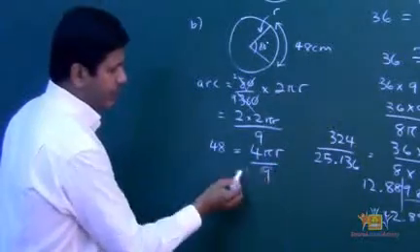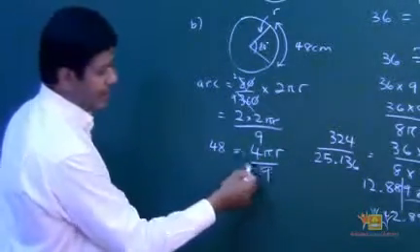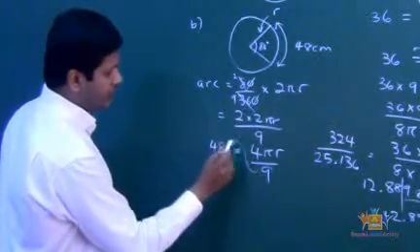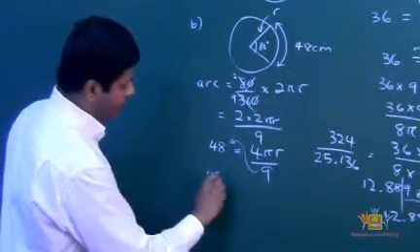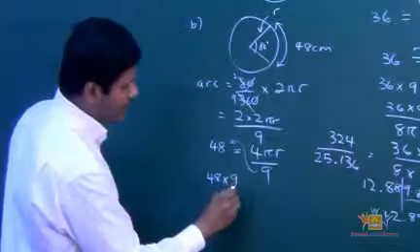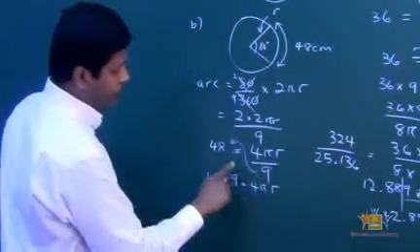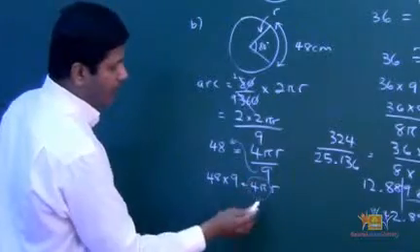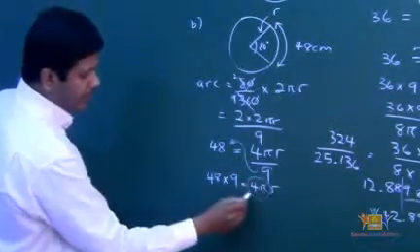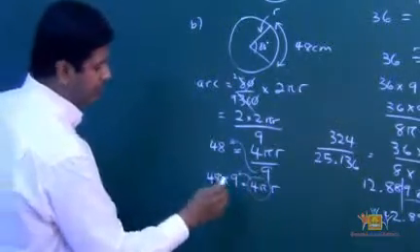So let's cross the bridge. Let's start with 9. 9 is dividing. Division crossing the bridge becomes multiplication, so it becomes 48 times 9. And what's left? 4 pi r, because 9 is already gone. Then I take the 4 pi, which is multiplying, so multiplication crossing the bridge becomes division.